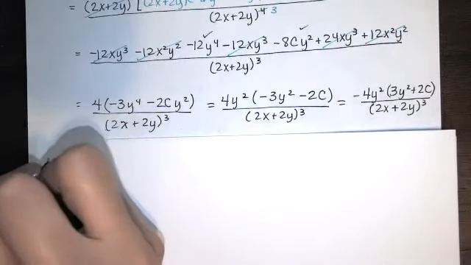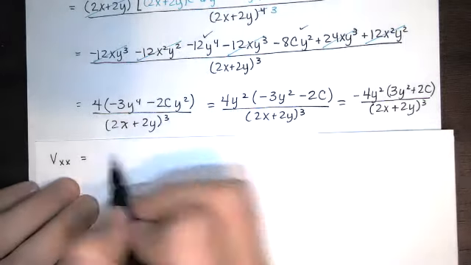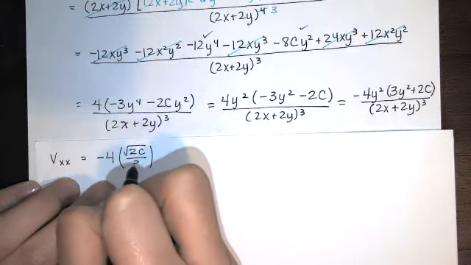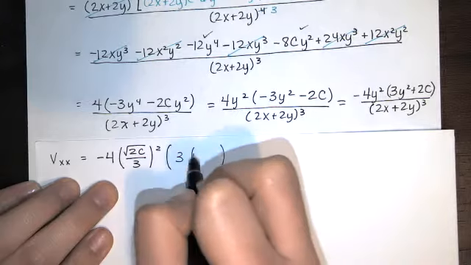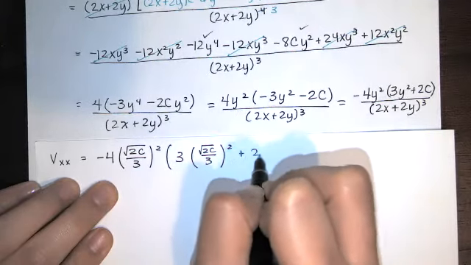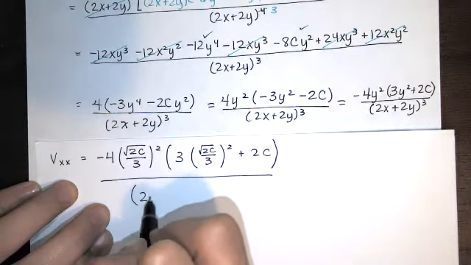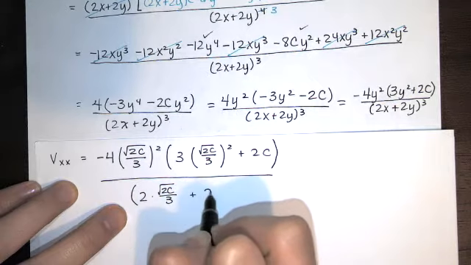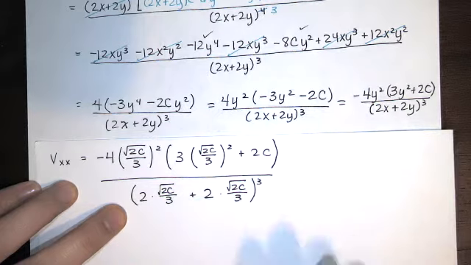So if I'm evaluating this second partial of v with respect to x at square root of 2c divided by 3, I have negative 4 times y squared, that's square root of 2c divided by 3 squared, times 3 times y squared again, square root of 2c over 3 squared, plus 2c. All of that is divided by 2 times x, square root of 2c over 3, plus 2 times y, square root of 2c over 3, and that's all being cubed.